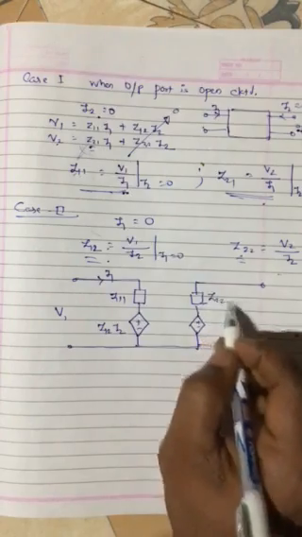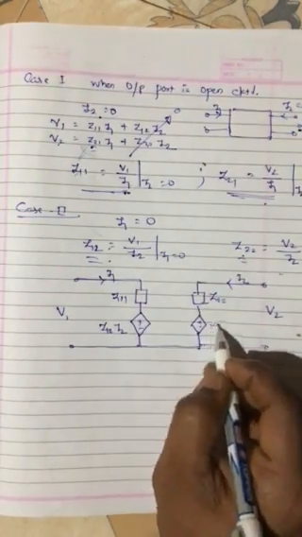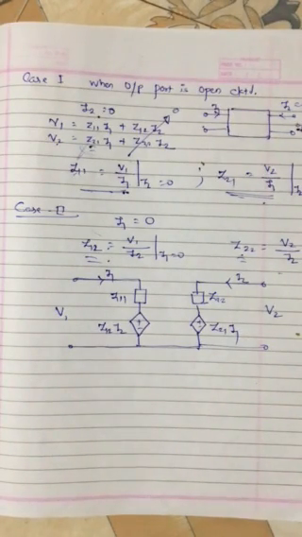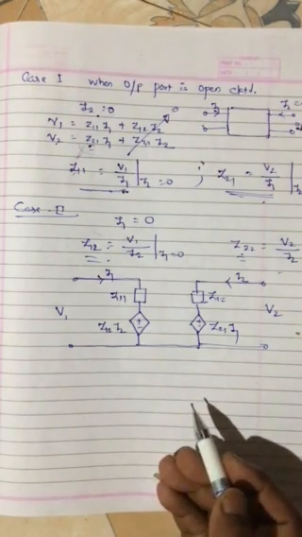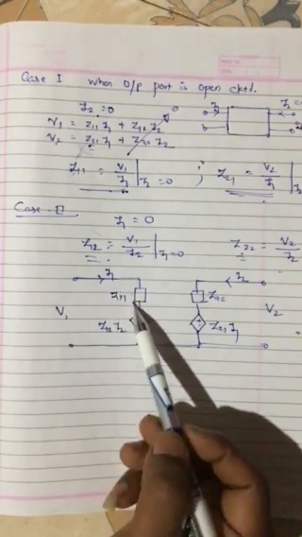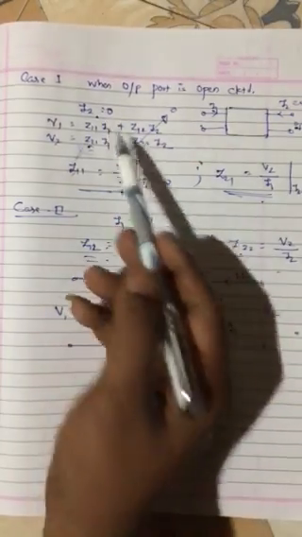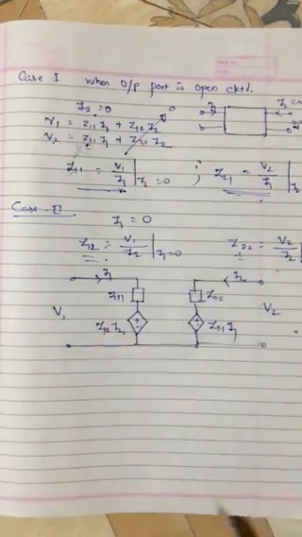Similarly, this is Z22, V2, current is I2, and this is Z21 I1. So I have represented all four parameters in terms of an equivalent circuit for the Z parameter network. If you find it out, you can see V1 minus I1 Z11 minus Z12 I2. If you rearrange, you will get the first equation. Similarly, if you apply KVL over here, you will get the second equation.